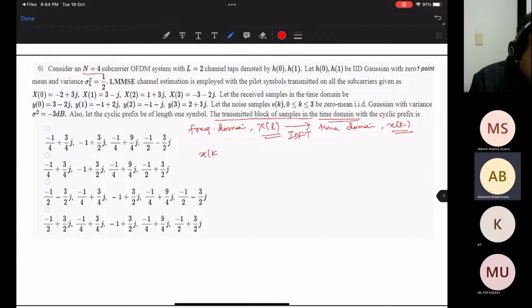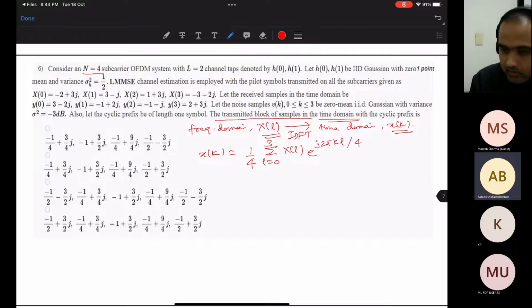So x of k is basically 1 by N, which is 4 in this case, right? And summation L is 0 to N minus 1, N minus 1 is 3, and X of L e to the power j 2 pi k L by N, right? So this is our expression. Okay, so for k is 0, let's first do for this.